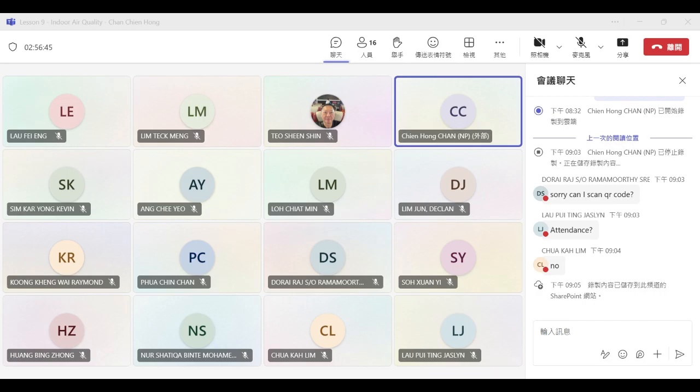For the rest, I'm going to show you the QR code shortly.